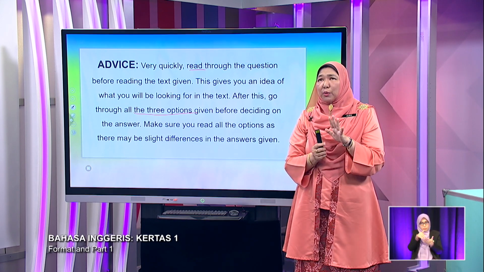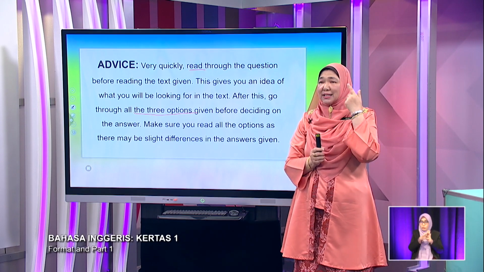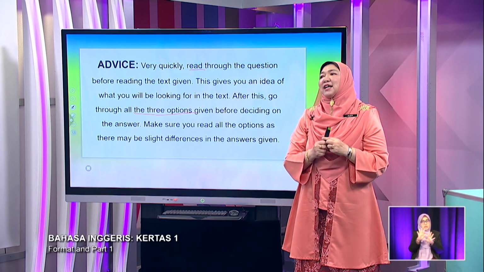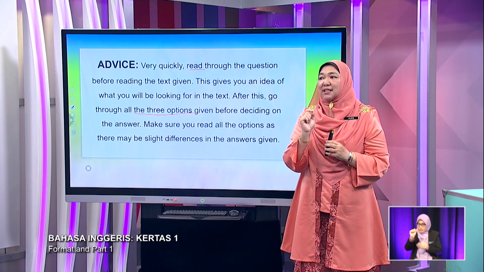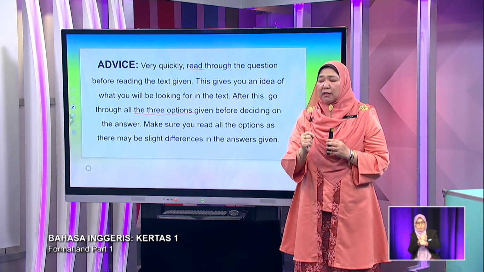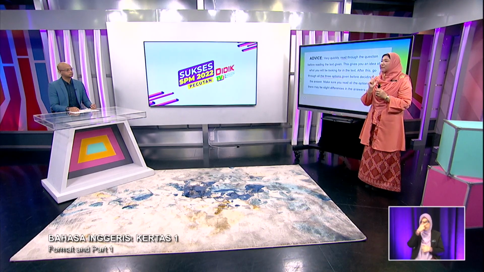Even though when you look at the options, for example A, and you are very sure the answer is A, don't straight away say that that is the correct answer. You have to read all the 3 options, because sometimes there are slight differences.